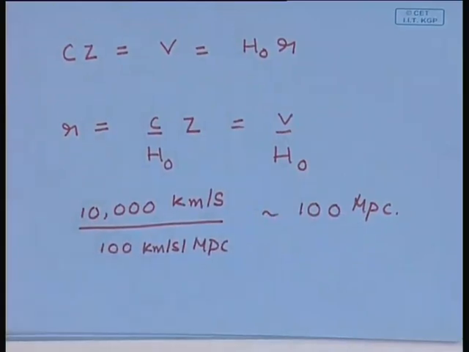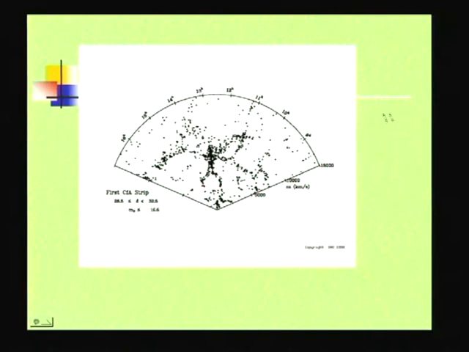So, the extent of these redshift surveys is of the order of 100 Mpc, not more than that, actually less than that, and it has mapped out the distribution of galaxies in a nearby part of the universe only.